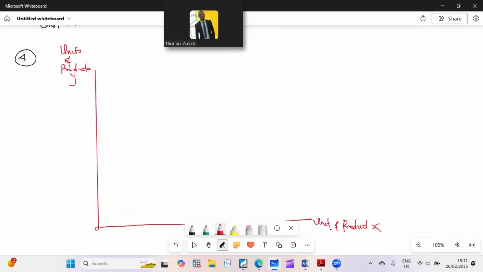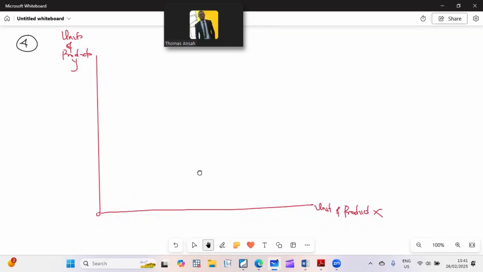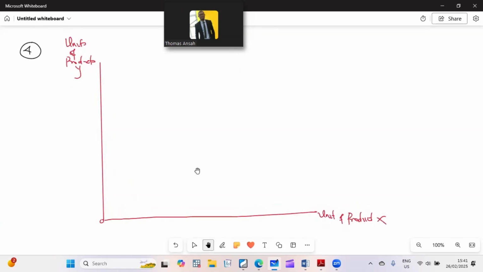This is what we have. And don't forget, we have 3 departments, so we are going to draw this for 3 departments.